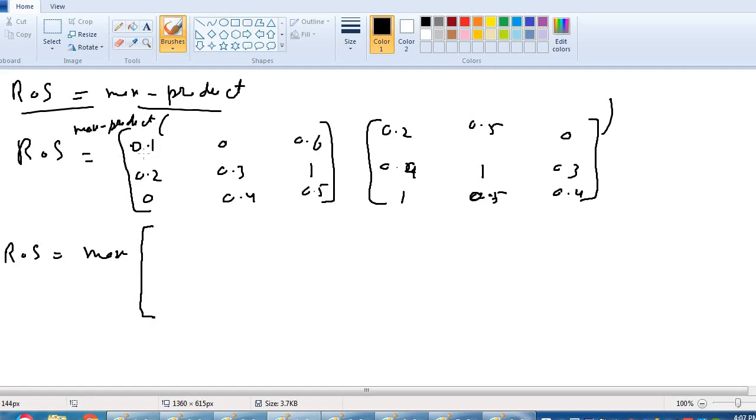Now this is very simple, we just take the first row and multiply it with the first column. I am writing it directly. We multiply 0.1 and 0.2, we will get 0.02, comma 0 into 0.9, we get 0, 0.6 into 1, we will get 0.6.